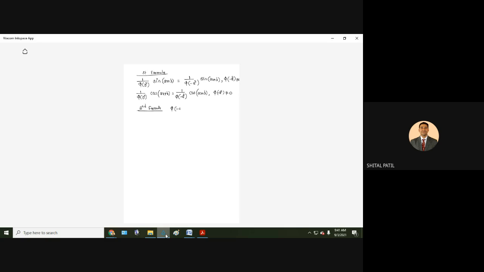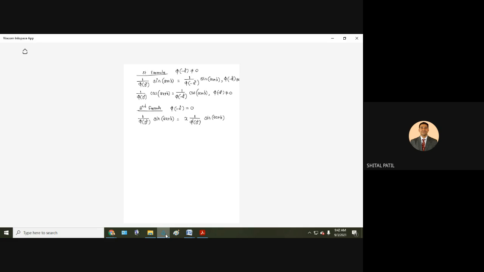If phi of minus a square equal to 0. Here phi of minus a square is not equal to 0. Then first formula. Whenever it is 0, it is like this: 1 upon phi of d square sine of ax plus b, as we have done in the previous case. Okay, so x times 1 upon phi dash of d square, sine of ax plus b as it is.